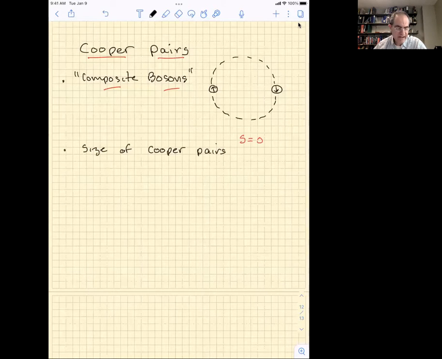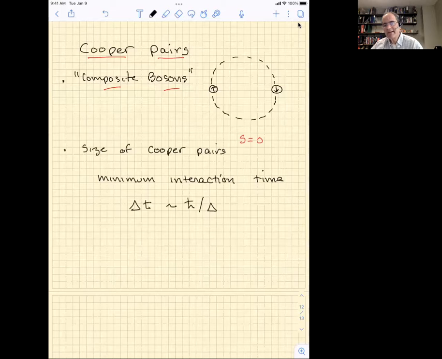When the electrons interact, there's a minimum interaction time, which is set by the uncertainty principle in this way. Delta t, the interaction time, is of the order of ħ divided by the interaction energy, delta. Okay?